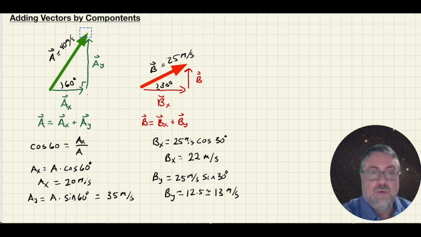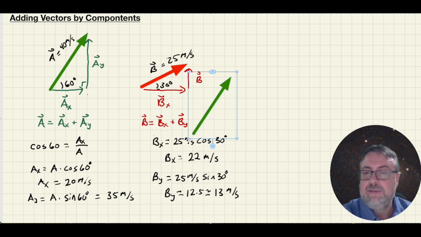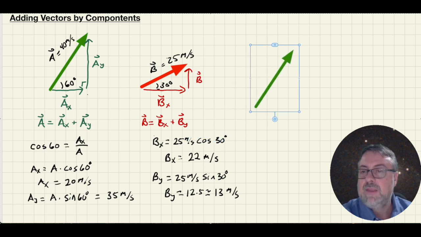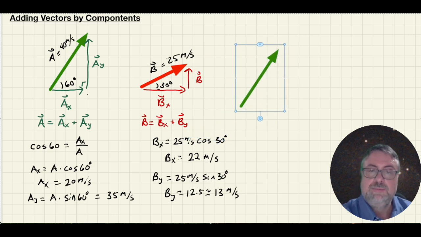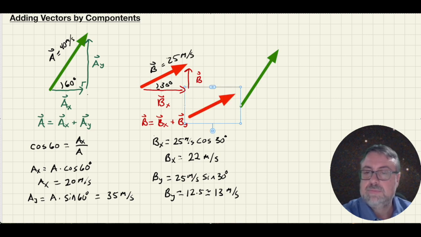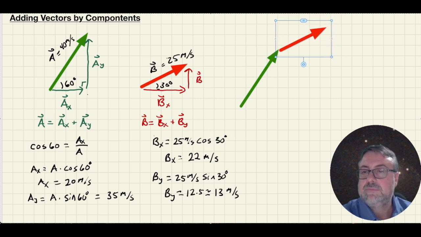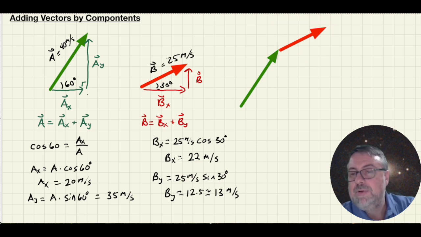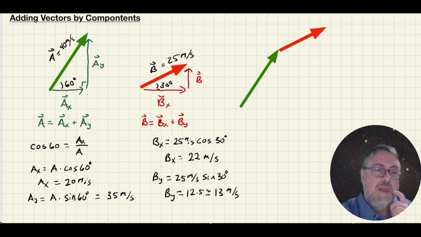Remember, if I wanted to add A plus B, I would arrange the vectors like so. And remember, the resultant was drawn tip to tail from the start of vector A to the end of vector B. But instead of adding the vectors, I would like to add just the components.